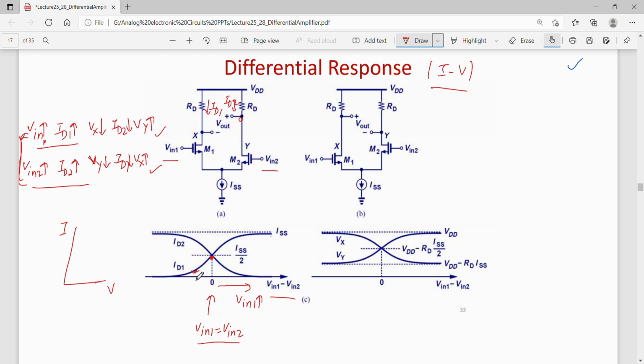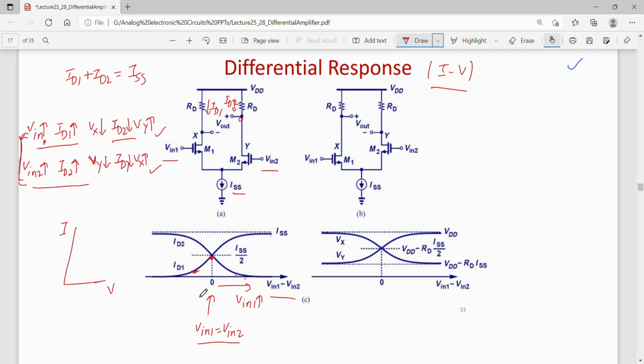At the same time, ID2 should decrease, because overall ID1 plus ID2 can only be equal to ISS. So if ID1 is increasing, ID2 has to decrease.